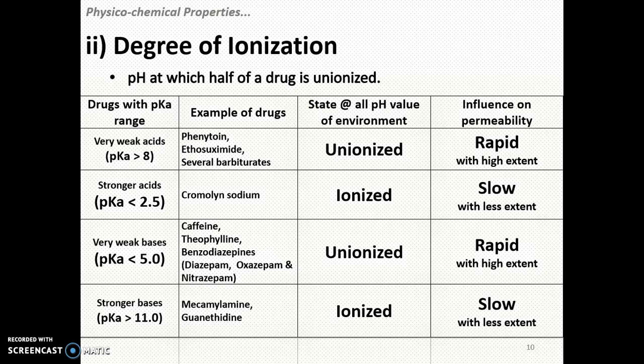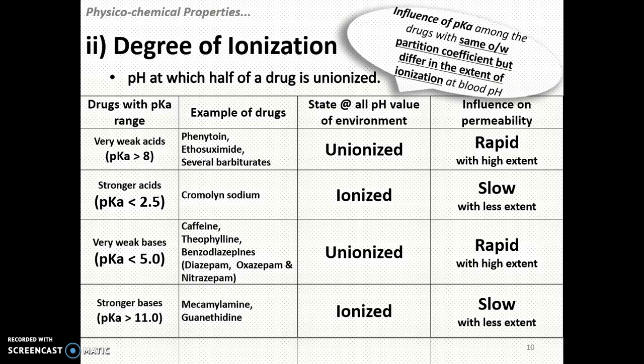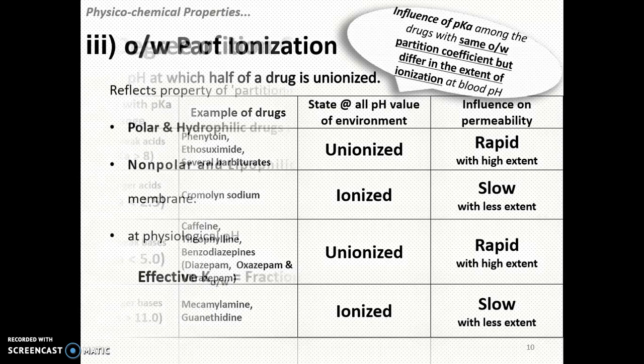We have another category, bases, which show the phenomenon in a very similar way to the acids. These are examples of the influence of pKa, that is degree of ionization, among drugs with similar partition coefficient but differing in extent of ionization at blood pH.